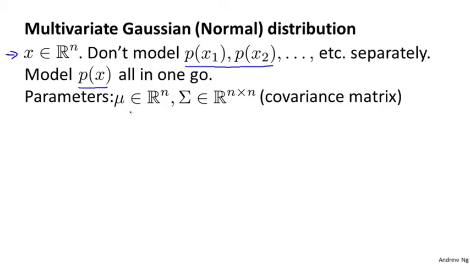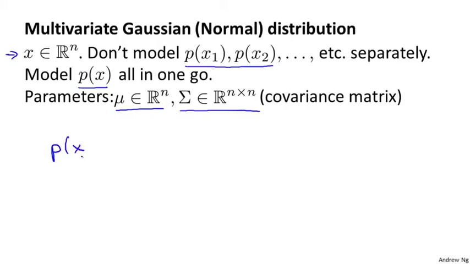The parameters of the multivariate Gaussian distribution are mu, which is a vector, and sigma, which is an n by n matrix called a covariance matrix. This is similar to the covariance matrix that we saw when we were working with the principal components analysis algorithm. For the sake of completeness, let me just write out the formula for the multivariate Gaussian distribution.